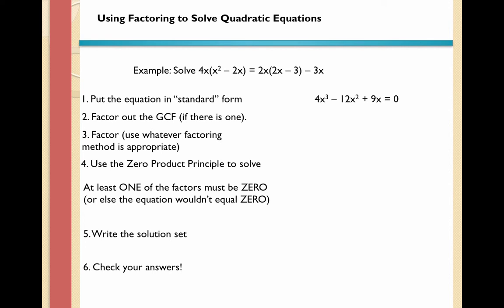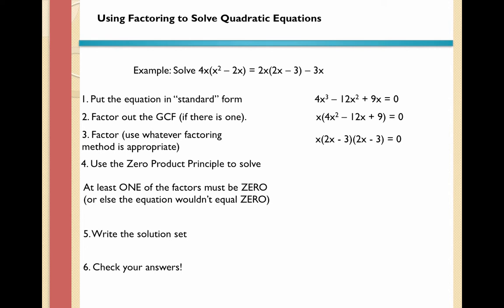Now we're going to factor out a greatest common factor. And again, if you can see how to go from here, I urge you to hit pause and go ahead and work it through and then play again. So we're factoring out an x, and then we're factoring the 4x squared minus 12x plus 9, which leads us to two identical factors.